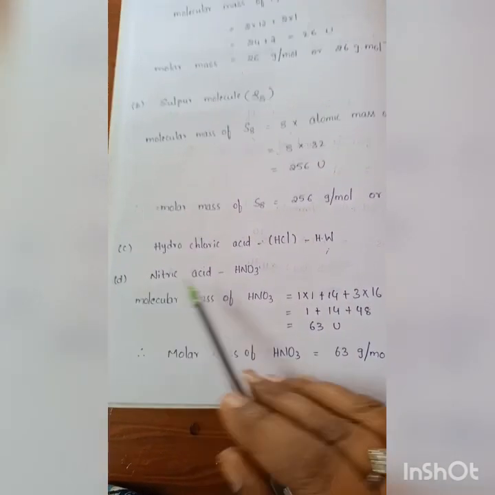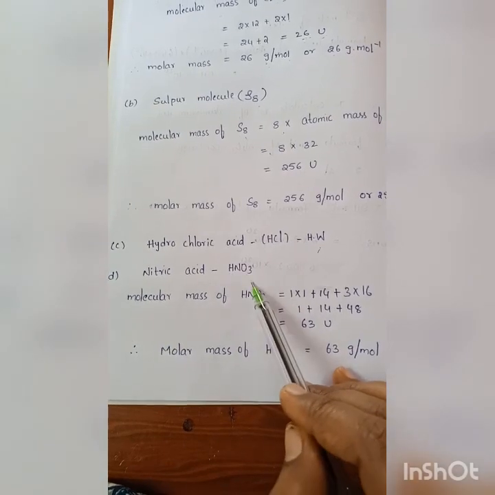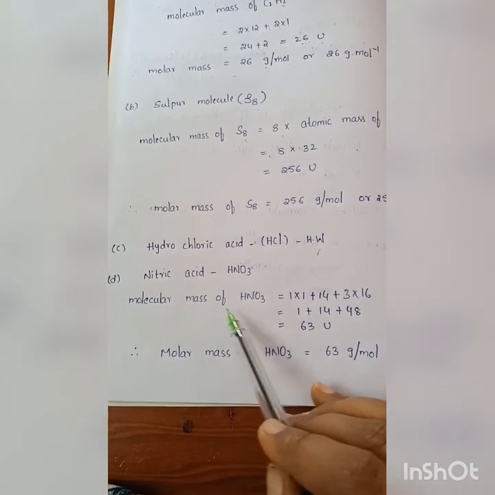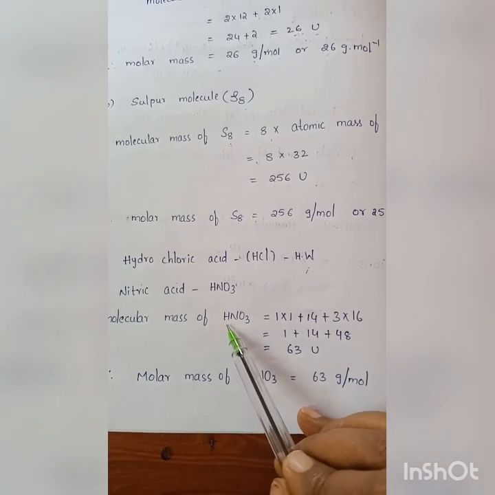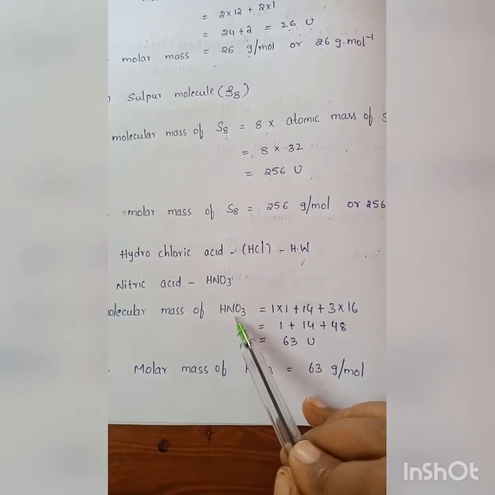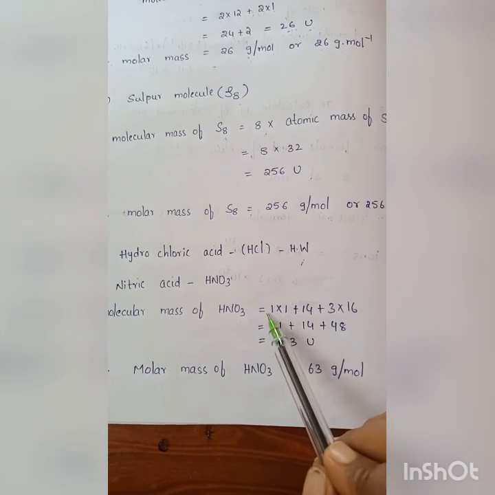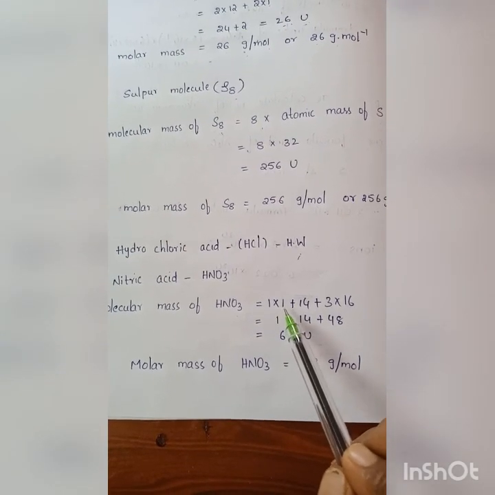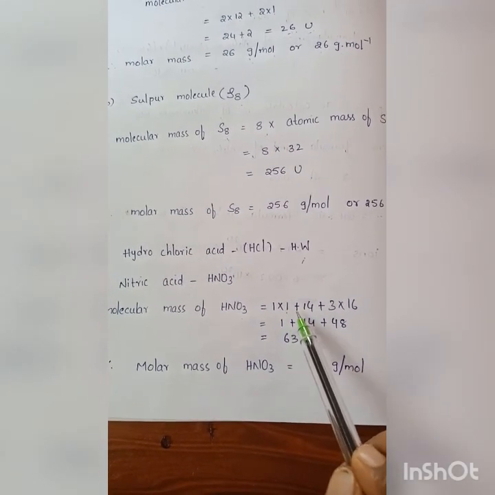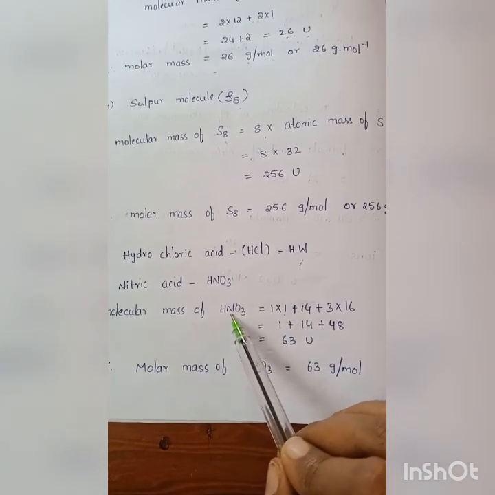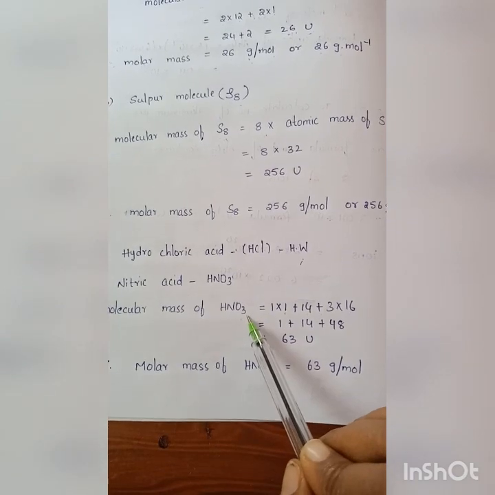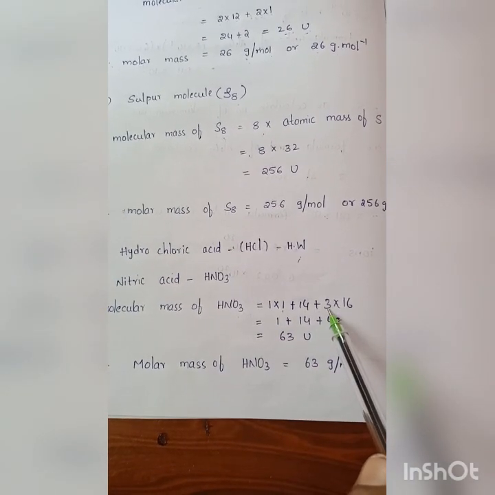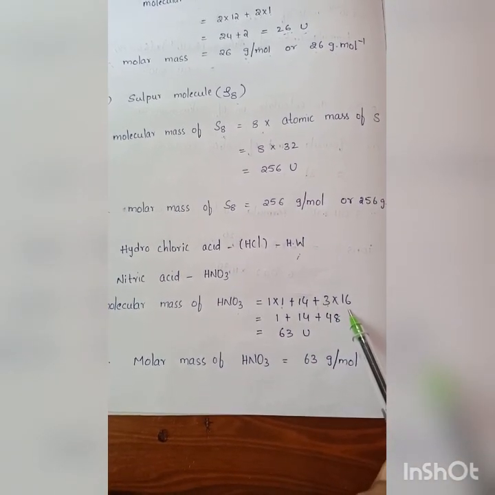Next, D1, nitric acid, HNO3. Molecular mass of nitric acid is, here what are the elements present in HNO3? Hydrogen, nitrogen and oxygen. 1 hydrogen, so 1 into its atomic mass, which is 1, plus 1 nitrogen. Nitrogen atomic mass is 14, plus 3 oxygen atoms, 3 into the atomic mass of oxygen, which is 16.